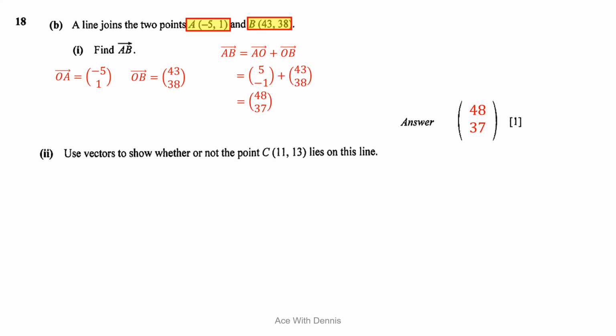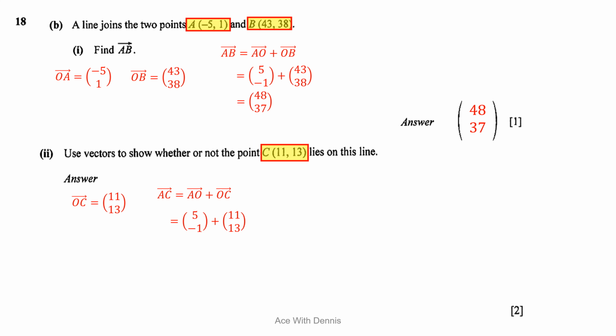2. Use vectors to show whether or not the point C, 11, 13 lies on this line. 2 marks. So given the coordinates of C is 11, 13, hence position vector OC is 11, 13. So we find vector AC, which equals vector AO plus vector OC.